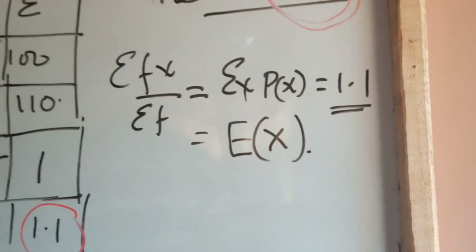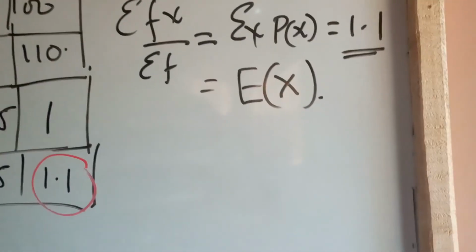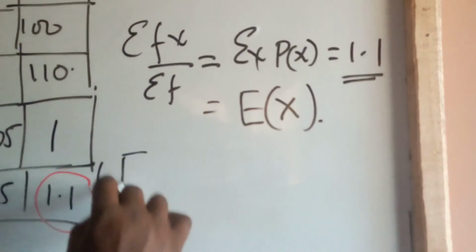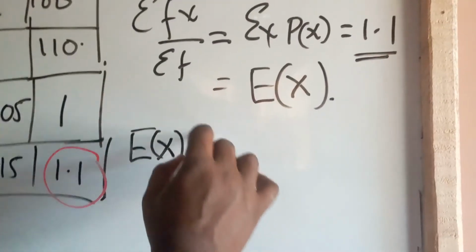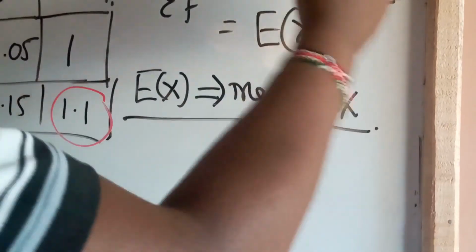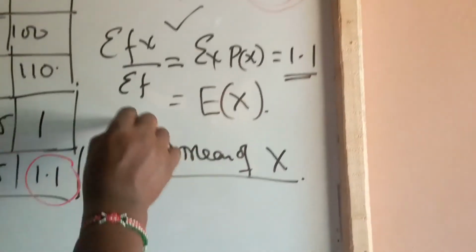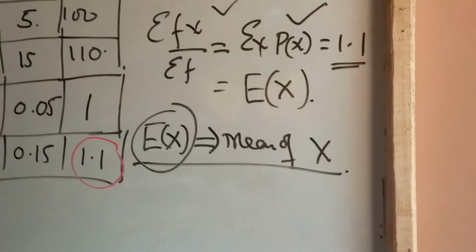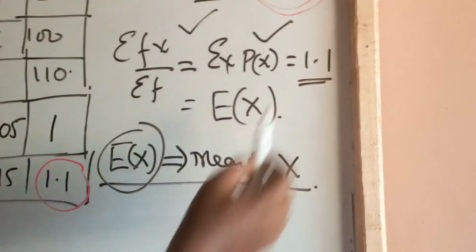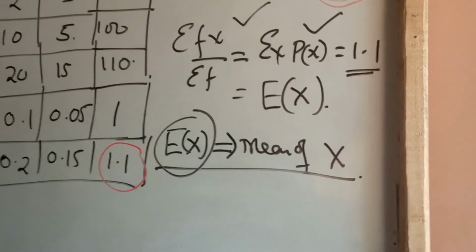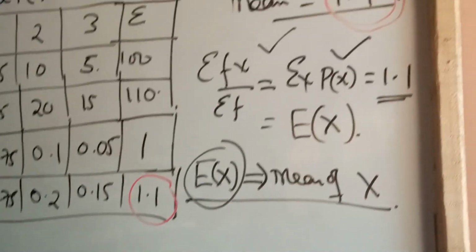For this reason, we can always say that the expected value of x is sometimes called the mean of x. Either way, the mean of x is calculated this way, the expected value is calculated that way, and both of them give you one and the same thing. So, of course, now we can make a very clear conclusion that the expected value of x is the same as the mean of x. All right?